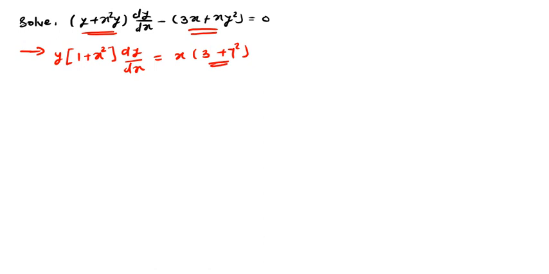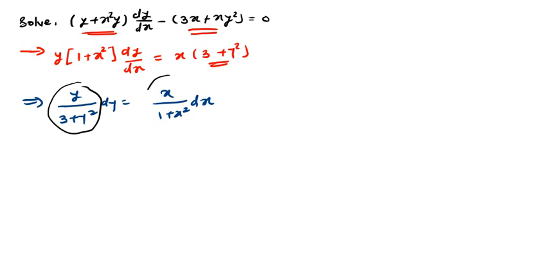Then what we will get, this implies y upon 3 plus y square dy is equal to x upon 1 plus x square dx. Now clearly this is in variable separable form, function of y dy, function of x dx. So find its solution just by integrating on both sides.